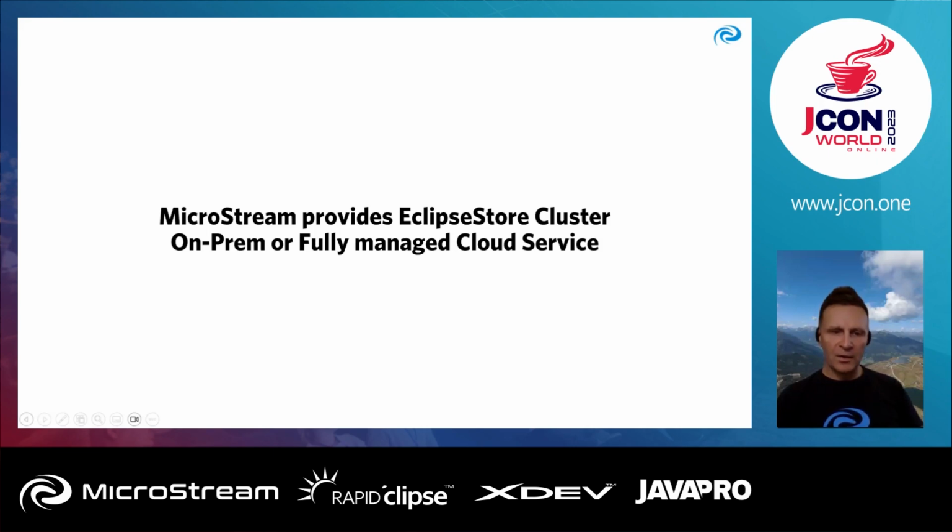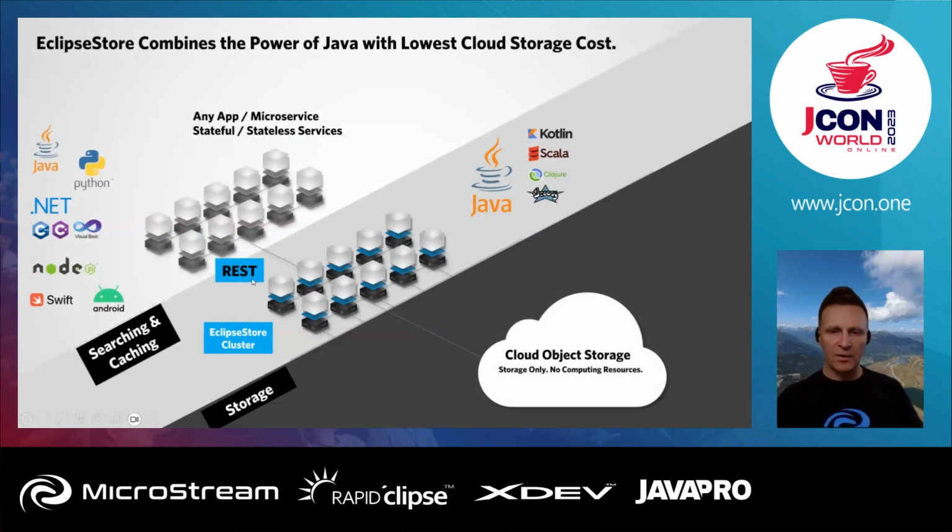And for this Eclipse Store cluster, we will provide a fully managed service so that you don't have to deal with Kubernetes stuff. But Christian will introduce this approach today, and you will learn more in Christian's session.